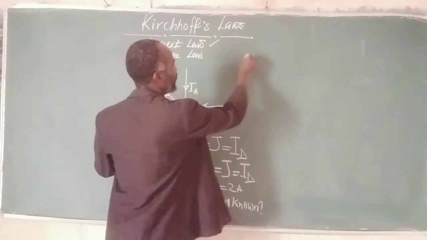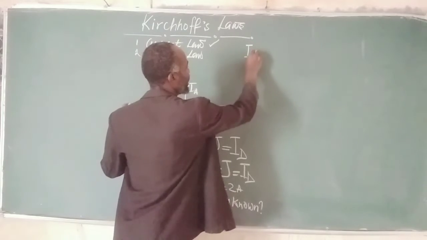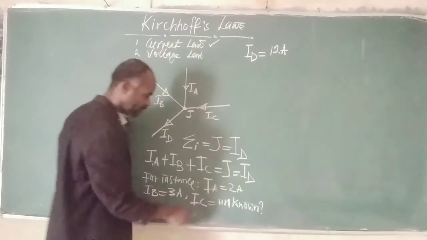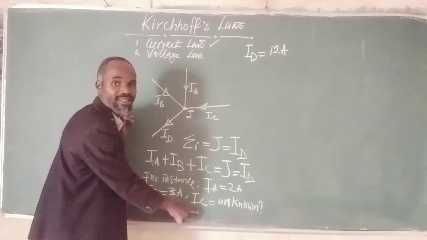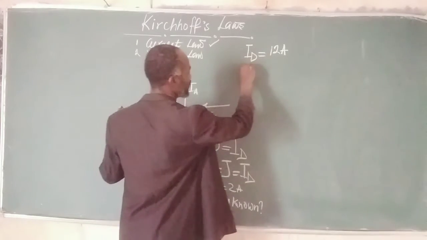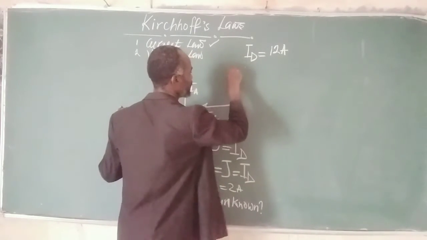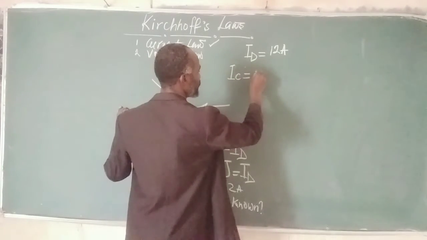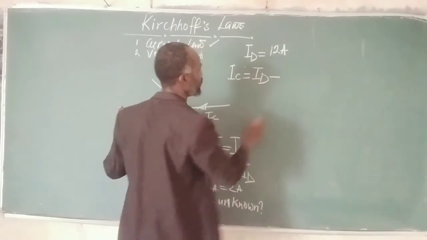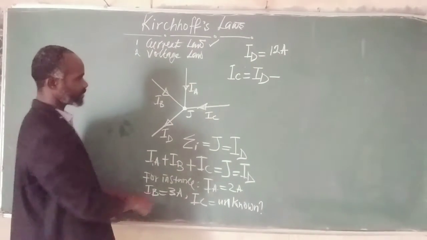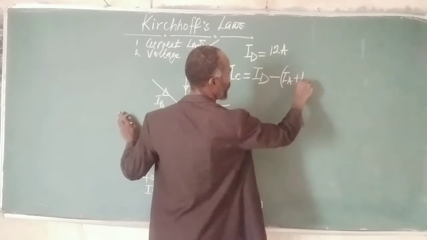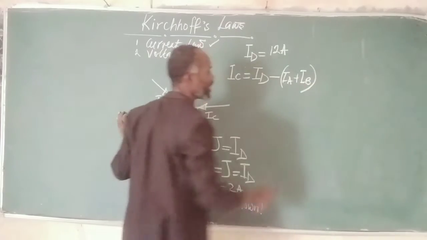If we have that the total current flowing away, ID, is equal to 12 amps, we can easily find the value of IC by making IC the subject. So IC is equal to ID, the total current, minus the sum of the other currents, which is current A plus current B. That's what it means.